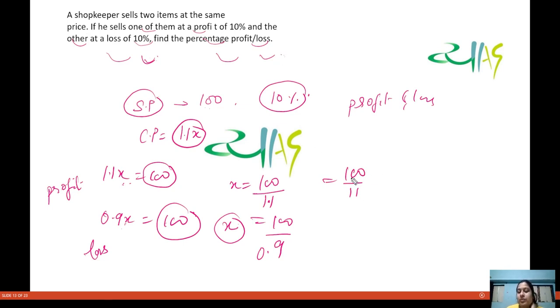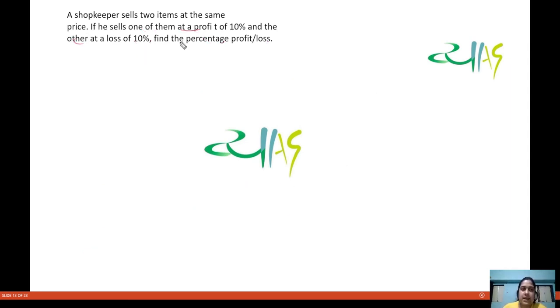First, divide this, the same price. If he sells one of them at a profit of 10% and the other at a loss of 10%, find the percentage profit and loss. So we are assuming that your selling price is 100.